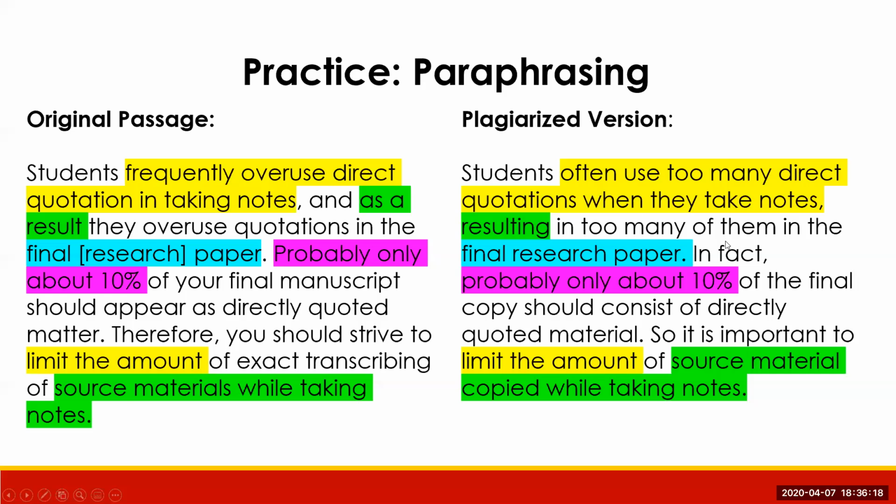So this is what I mean when I say you can't just take words and change them around. This is considered plagiarism because it's very similar to the original passage. Phrasing is changed very little, words are changed, but much of it is still the original passage. This is plagiarism.